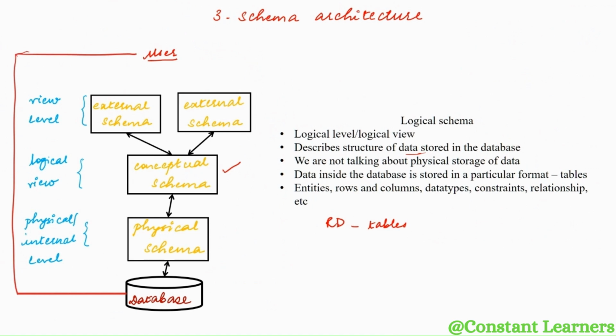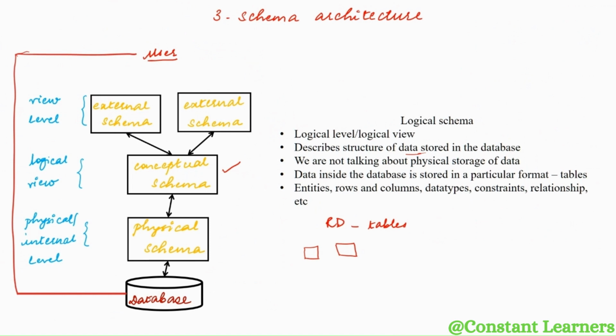So database designers sit together at this level to decide how many tables there should be, what data should be stored inside each table, what the columns should be, how many rows there should be, and how the tables should be related to one another, because there are going to be multiple different tables. What are these tables going to represent?